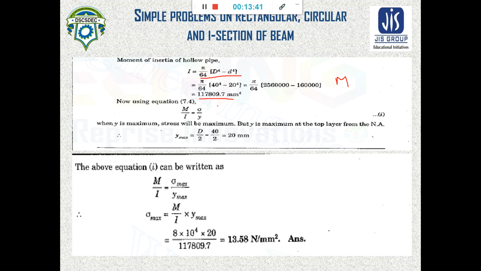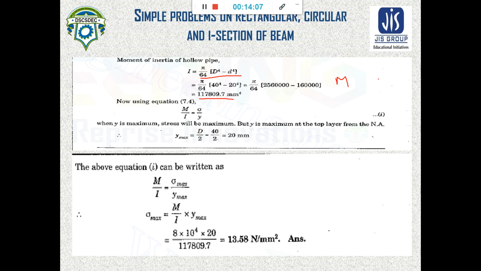Now if we use the equation M by I is equal to sigma by y, for maximum stress y should be maximum, and y max can be given by D by 2. So y max is D by 2, where capital D is our outer circle diameter, and that would be 20 mm.